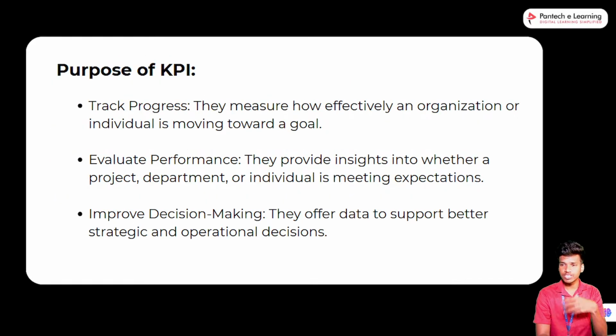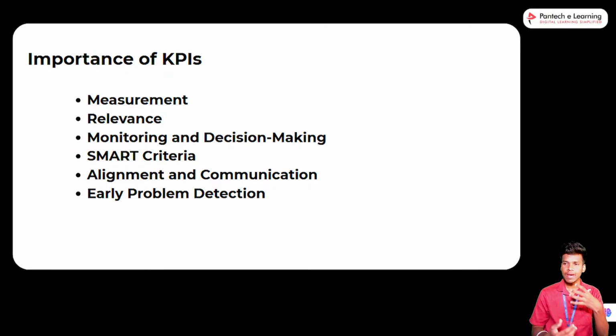So we can take one specific data point and analyze the measured value of each and every piece of data. That is the measurement. The first importance is measurement: KPI is important for analyzing the measured value of our data. Then the next one is relevance: whether the particular measured value is relevant to us or not.